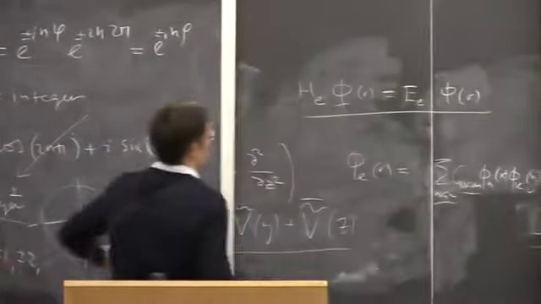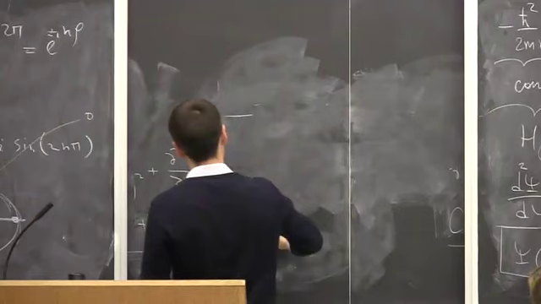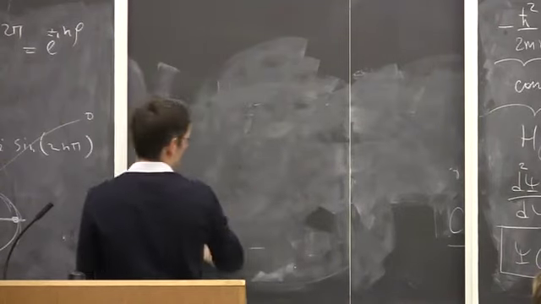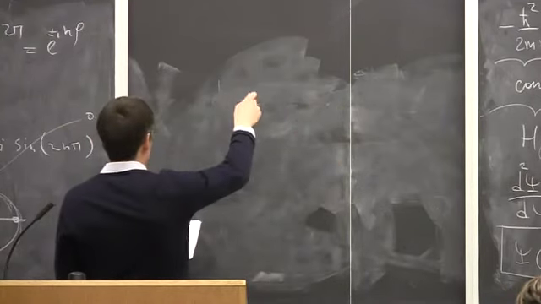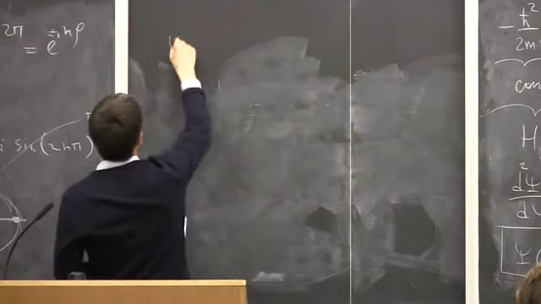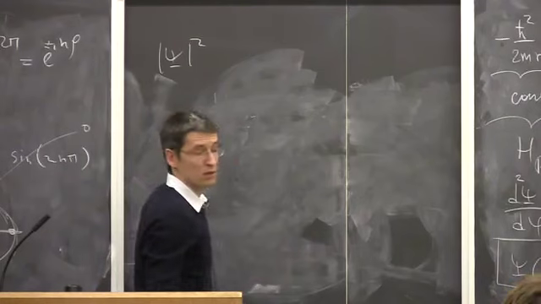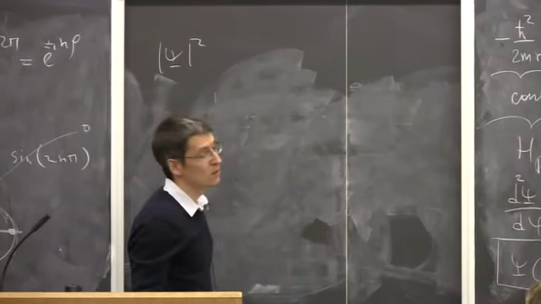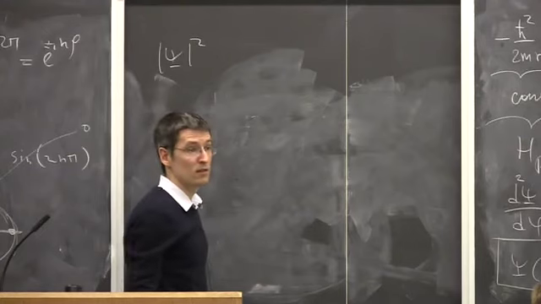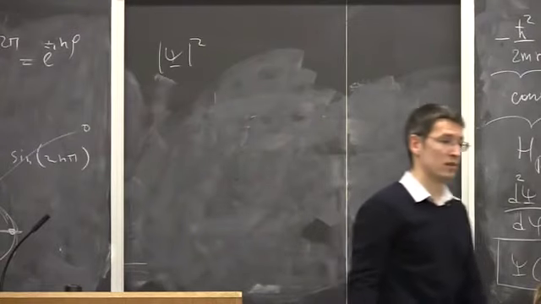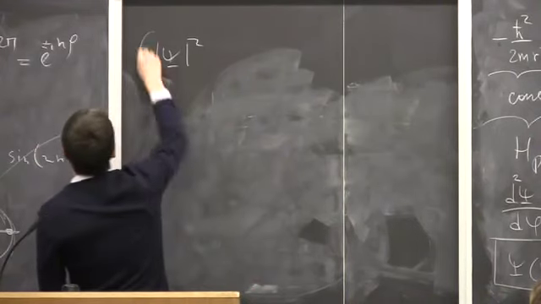Okay, so how do we normalize them? Well, that question pretty much everyone nailed on the exam, so you guys know how to normalize things. If you take this function and square its absolute value, you're going to get 1.